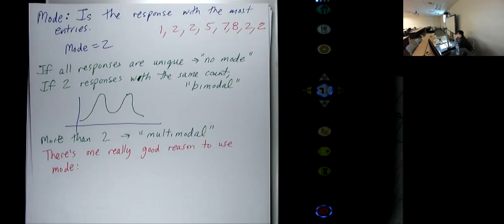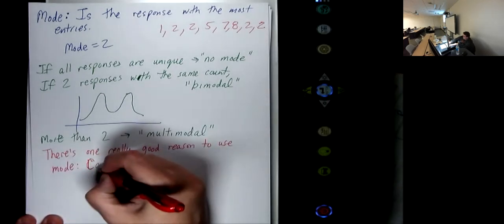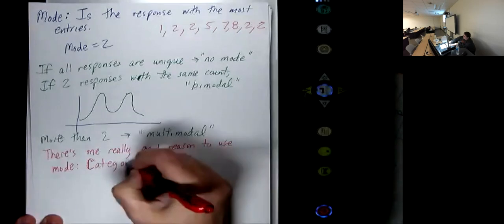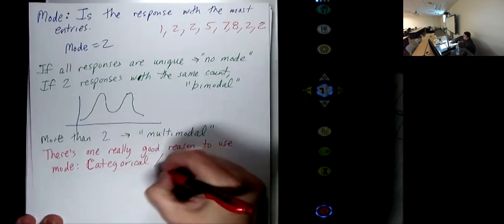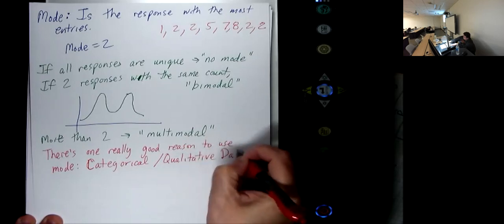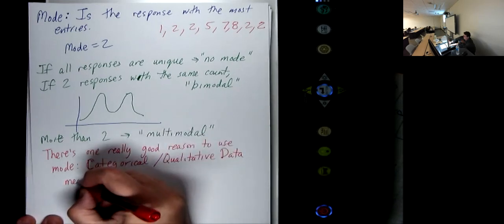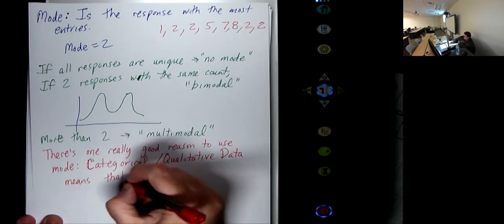Red. How do I find the mean of hair color? I can't. The mean and the median require numbers. So if the data is categorical data, or qualitative data, that means that the mean and median can't be found.